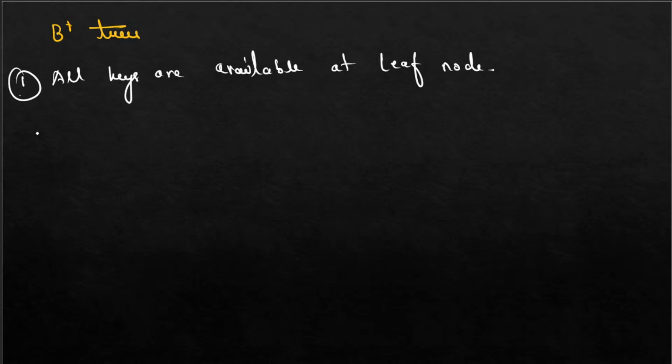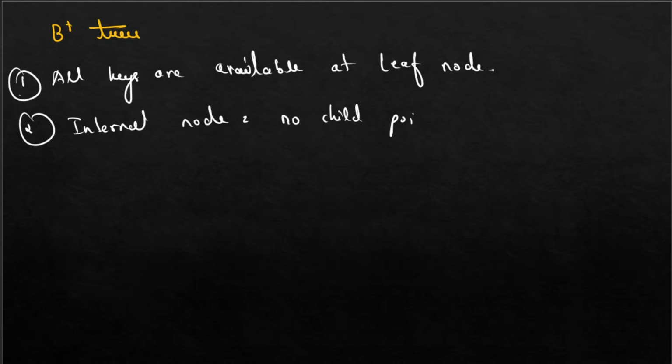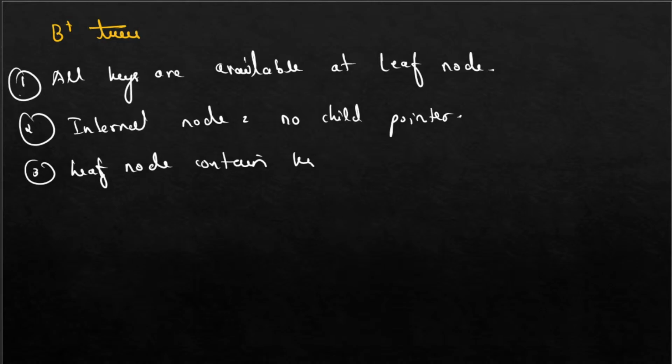Second, the internal node has as many keys as child pointers. So the leaf node contains keys and record pointers plus 1 block pointer.